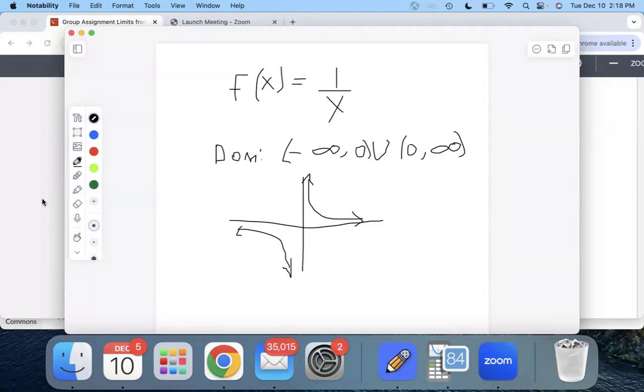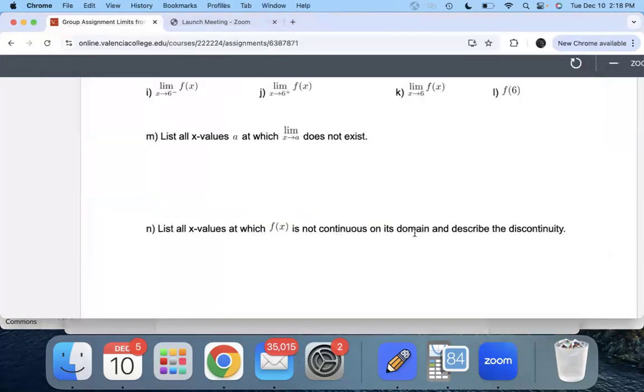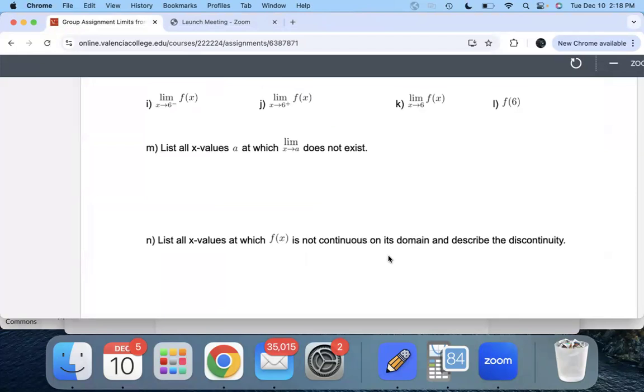It's tricky. So in this question here, I'm being very explicit. I want you to list every place where the function is not continuous, but I only want you to list ones that are in the domain.